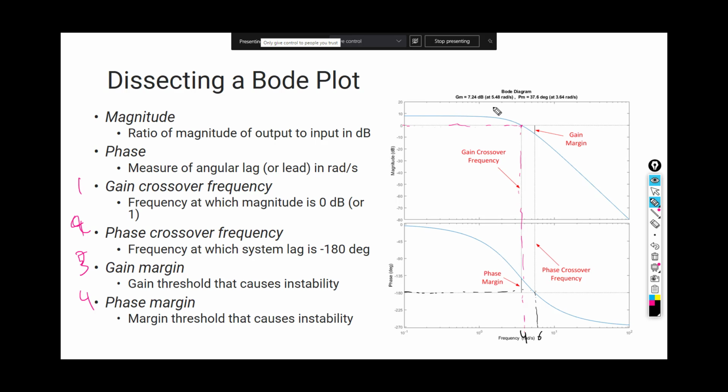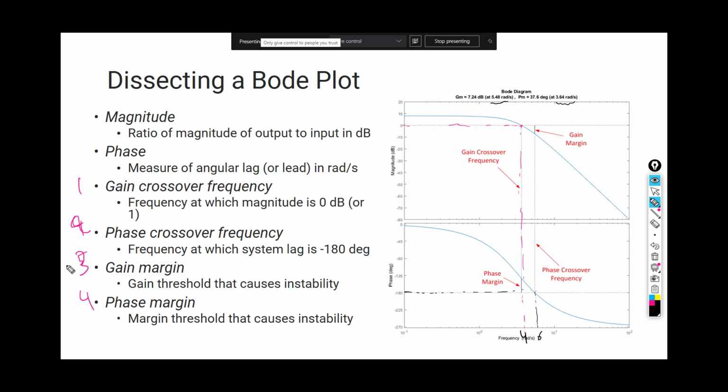Let's look at them actually here in MATLAB. And here is 3.6, let's say 4, and 5.5, let's say it's 6. Okay, so those are the frequencies. Also MATLAB gives them to you.